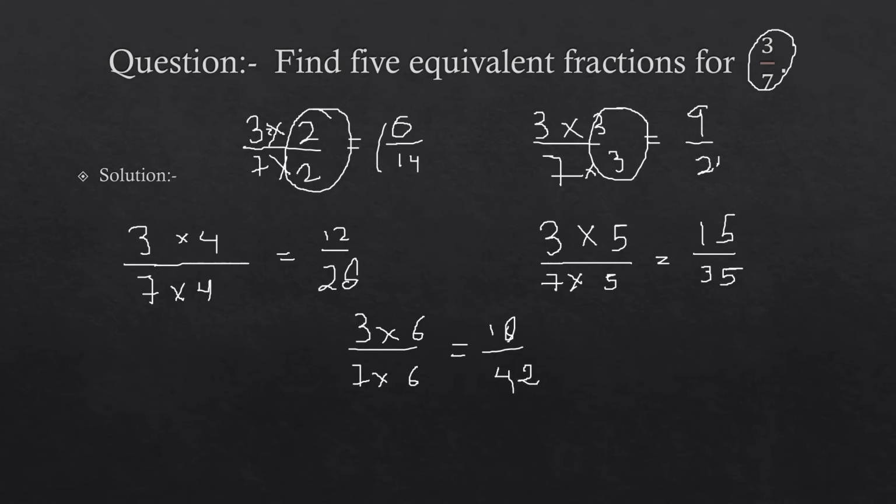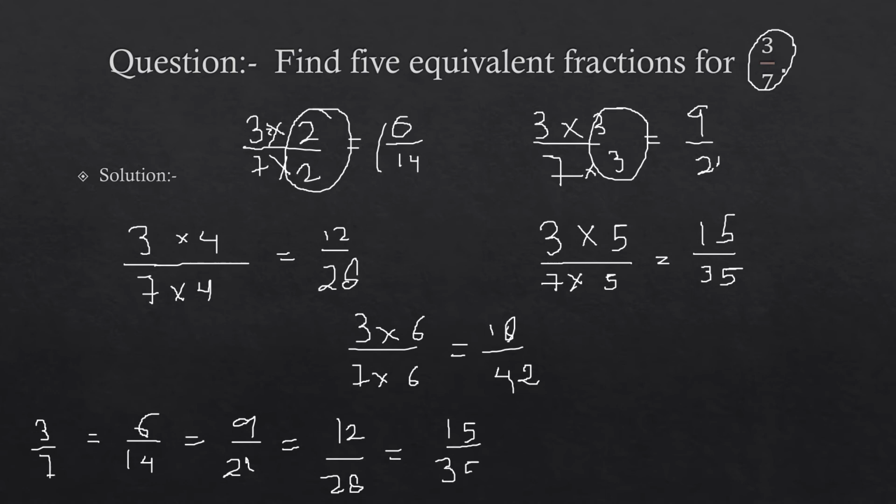Hence, these are the 5 equivalent fractions. 3 by 7 is equivalent to 6 by 14, equivalent to 9 by 21, equivalent to 12 by 28, equivalent to 15 by 35, and equal to 18 by 42.